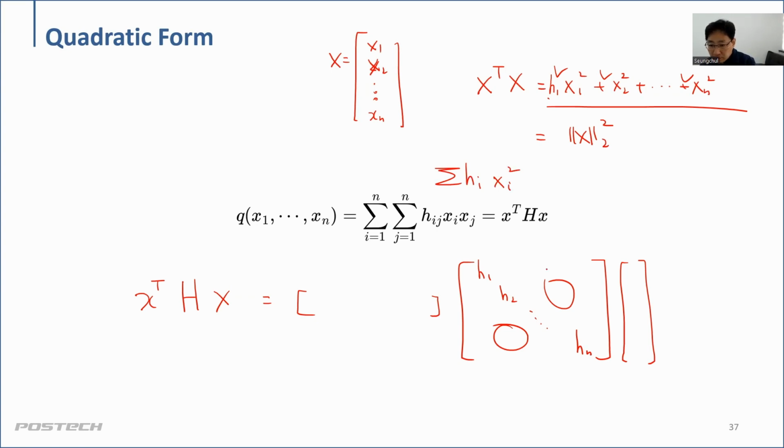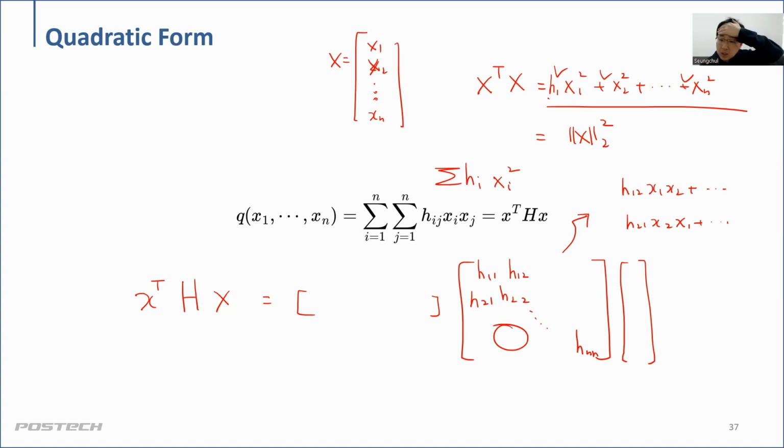If you have off-diagonal terms like here, then we're going to have coefficients for the interaction terms as well.